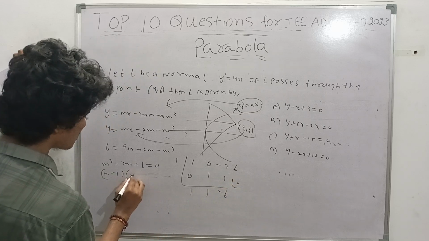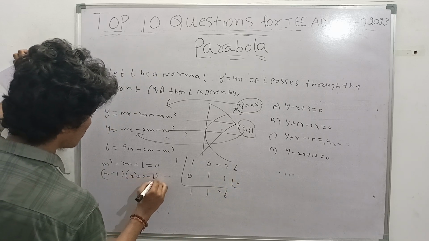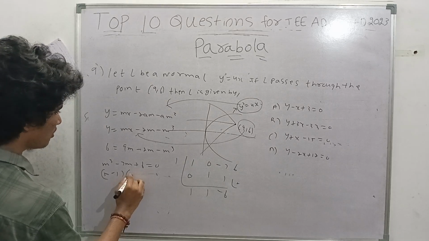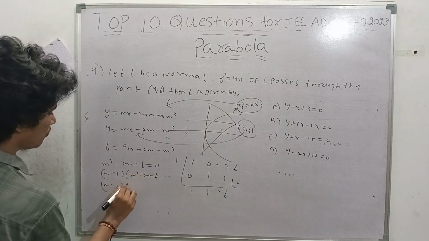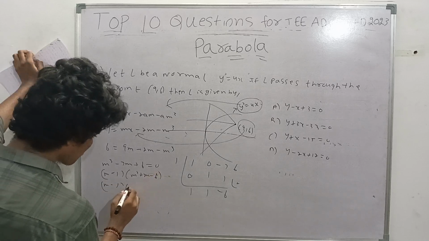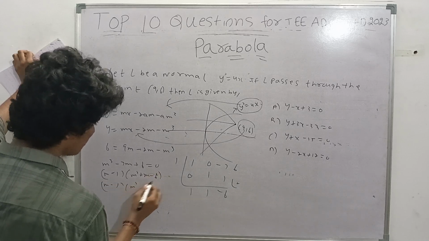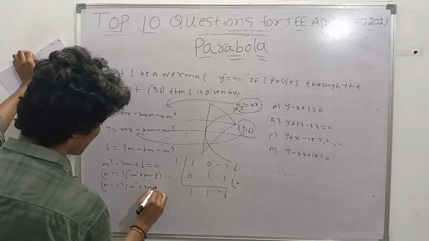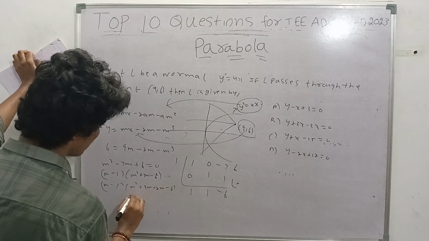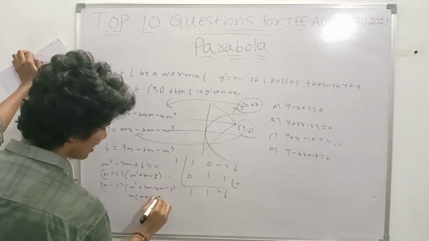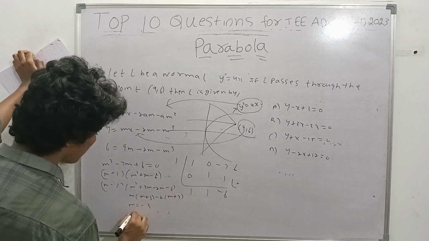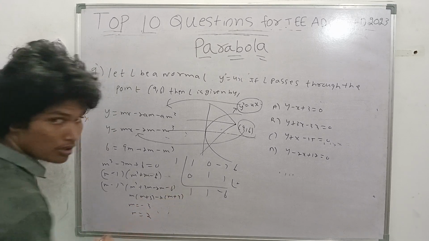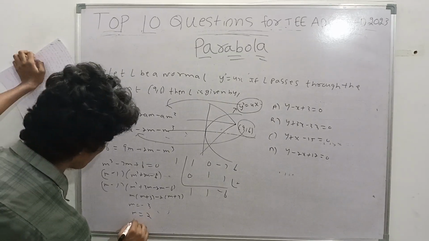So the other equation is m square plus m minus 6, and m minus 1 into m square plus 3m minus 2m minus 6, m into m plus 3 minus 2 into m plus 3, so m equal to minus 3, m equal to 2, and m equal to 1.